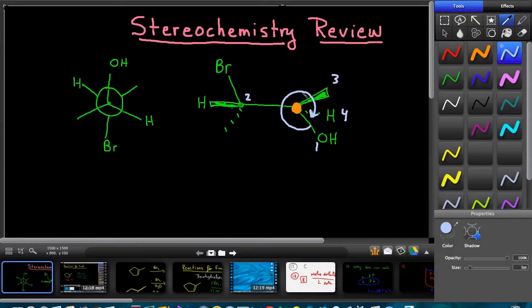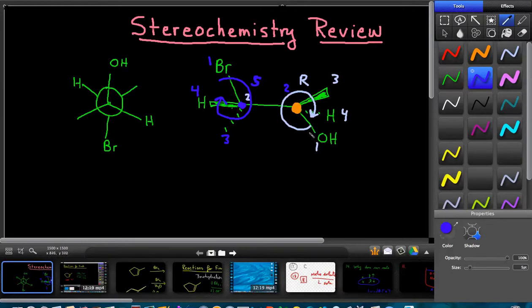So this will be R. And if we look at this carbon, see, this is going to be priority 4, priority 1, priority 2, priority 3. We can go 1 to 2 to 3, but we'll need to flip our answer. So we're going R, but we've got to flip it to S.